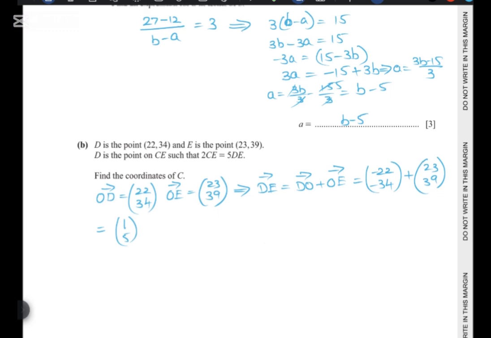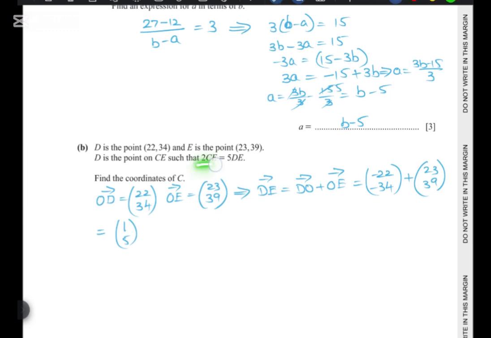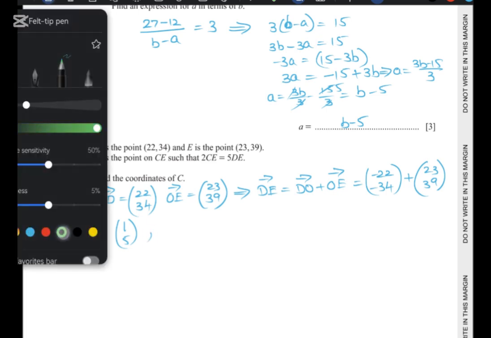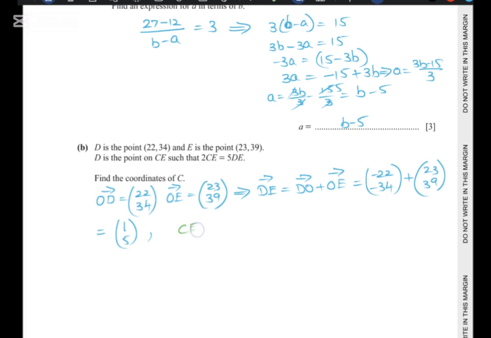The question also says 2CE is 5DE. Using this we can express CE now. Now I'll change the color. 2CE is equal to 5DE. Using this you can just write CE as 5 by 2 DE. Now find out CE because we already got DE.